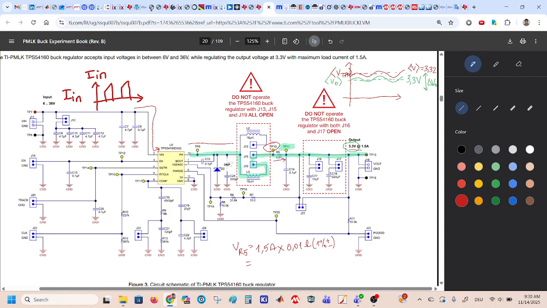If the output current is minimum, we noted yesterday this voltage has a value between these two millivolts, and this is too small.